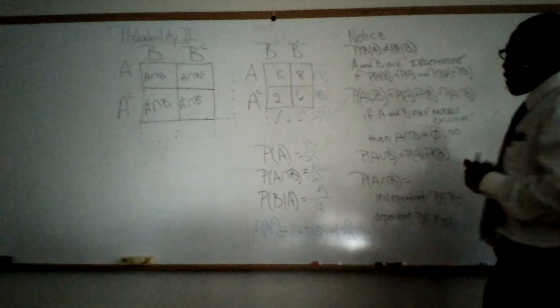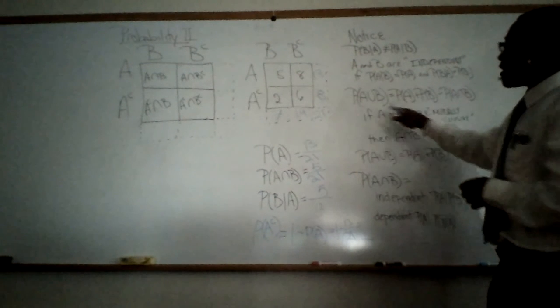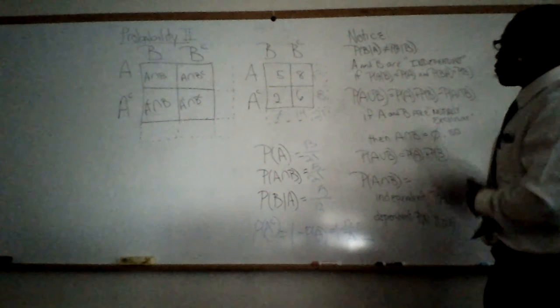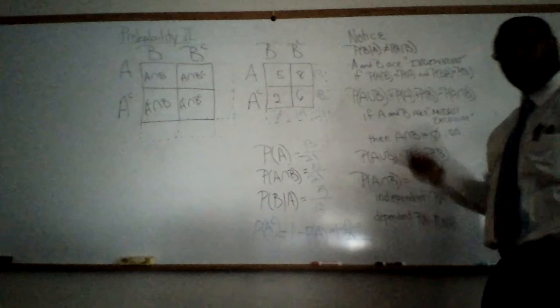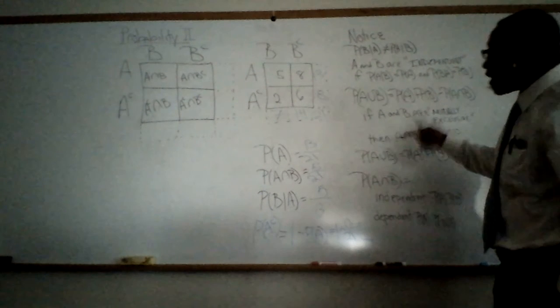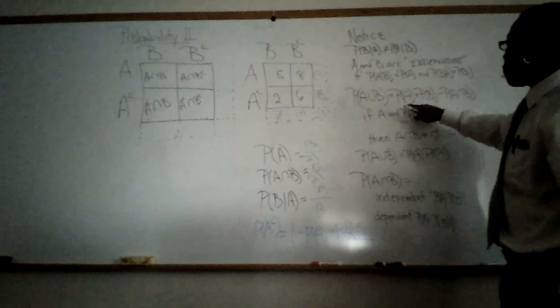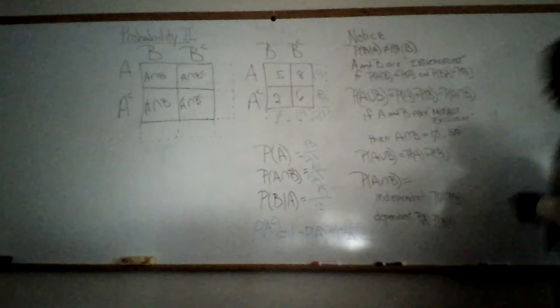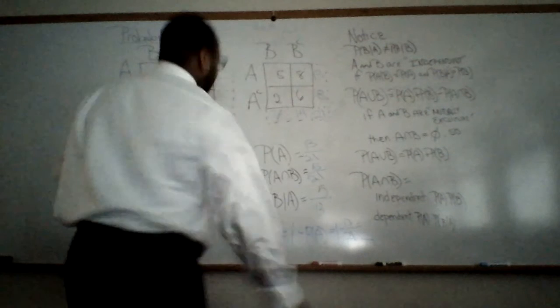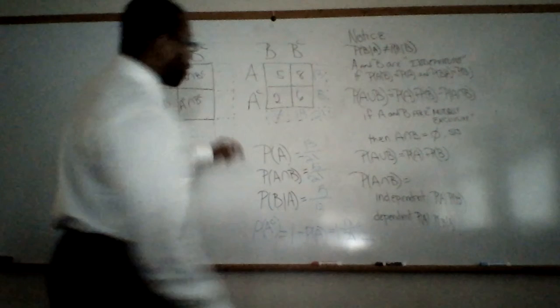Another rule that you're going to want to know is our addition rule: the probability of A union B. So what's the probability of both happening, or either of them happening? Let me go ahead and draw another Venn diagram for this one, and I'll put it over here.